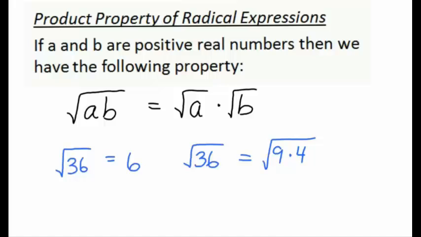So this property says we can take our square root sign and distribute it to both the 9 and the 4. The square root of 9 is 3, the square root of 4 is 2, and multiplying these together we get 6, which is exactly the same number that we got before. So this is a strategy that we're going to use to simplify our radical expressions.